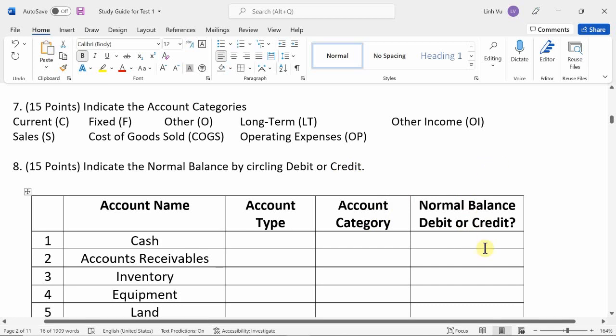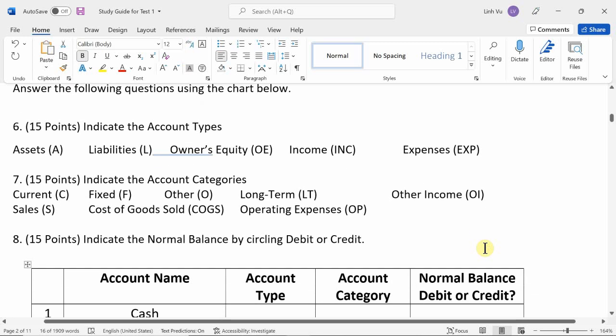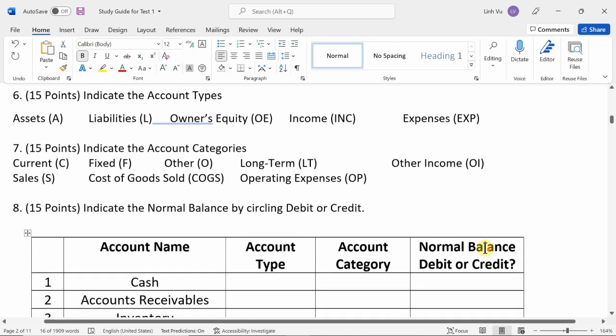I will phrase it in a question by giving you letter A, asset, current, debit. Letter B will be asset, other, credit. Your job is to find which one fits all 3 of the answers.